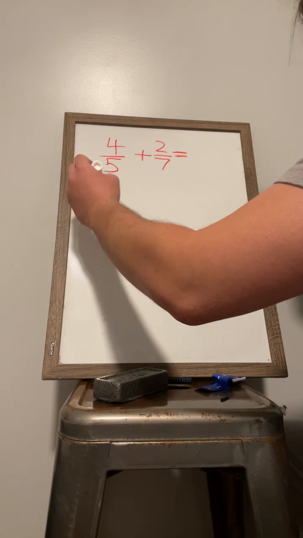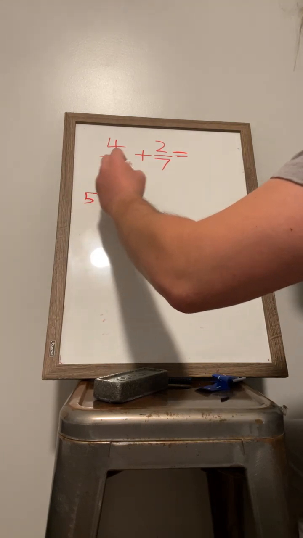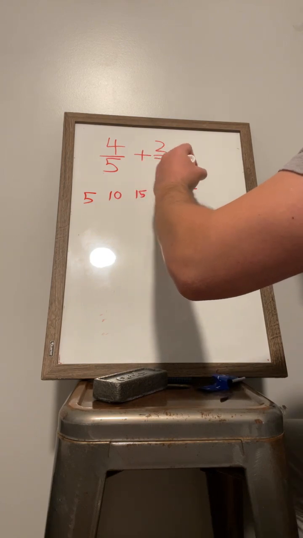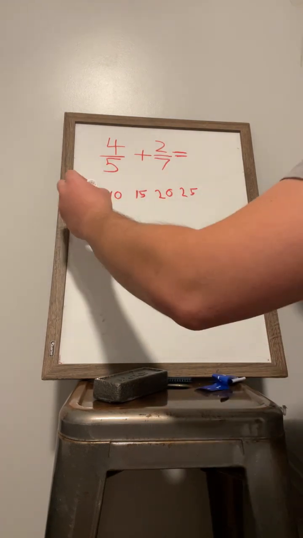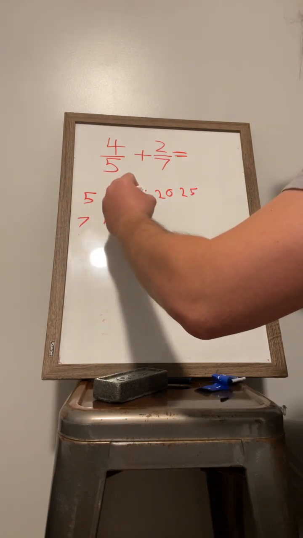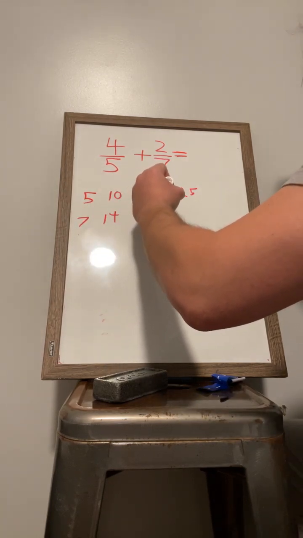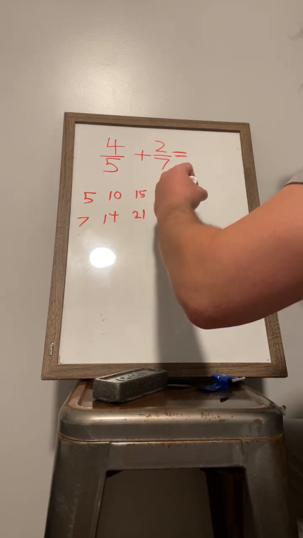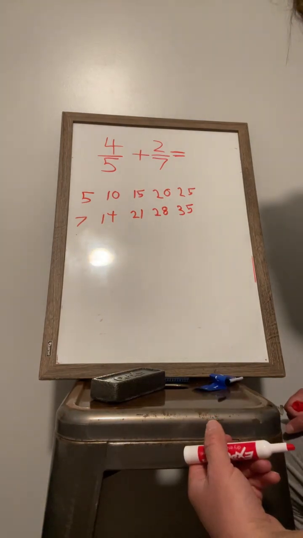So I'm going to count by 5s. 5, 10, 15, 20, 25. I'm going to count by sevens now. 7, 14, 21, 28, 35. So I don't have any in common yet, so I have to keep counting a little bit.